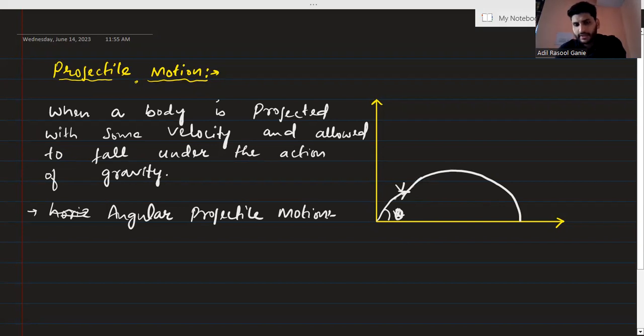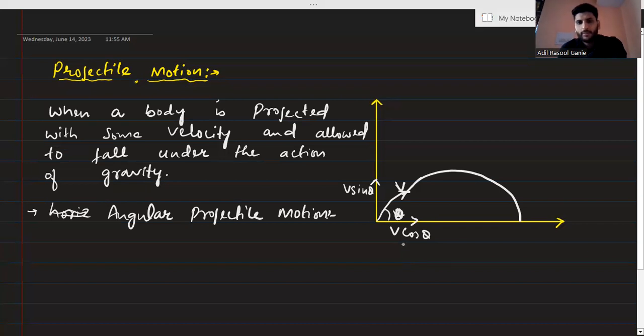Now, when I project this body at a certain angle theta with respect to the horizontal, this velocity v has two components: the horizontal component and the vertical component. As it makes angle theta with the horizontal, the horizontal component of the velocity will be v cos theta, and the vertical component will be v sine theta. Along the horizontal direction, there is no external force acting on the body.